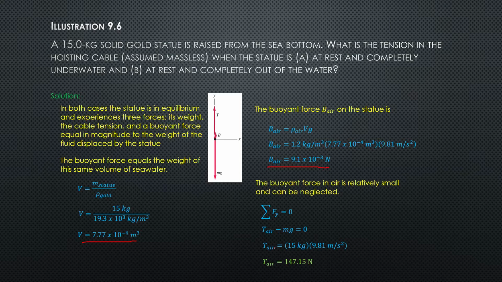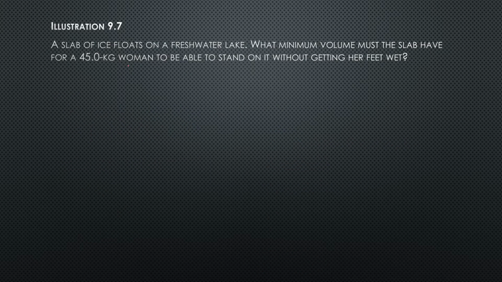So tension in air will be simply mass multiplied by acceleration due to gravity, and this gives us a value of 147.15 newtons. So illustration 9.7: a slab of ice floats on a freshwater lake.